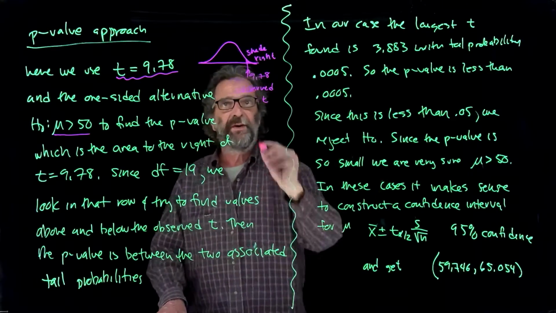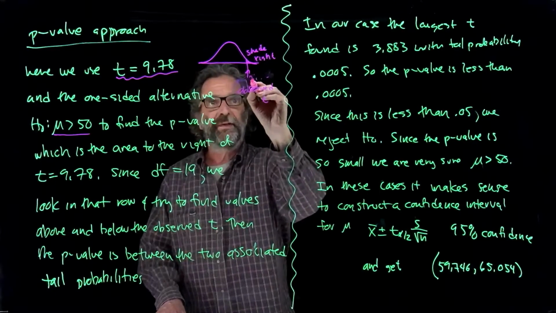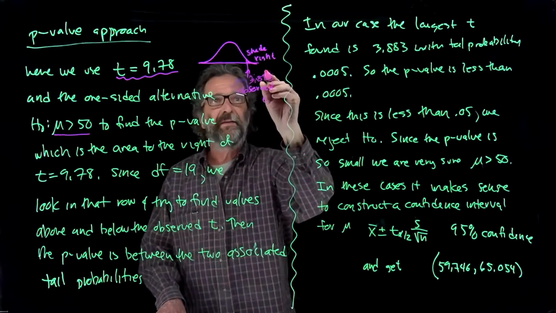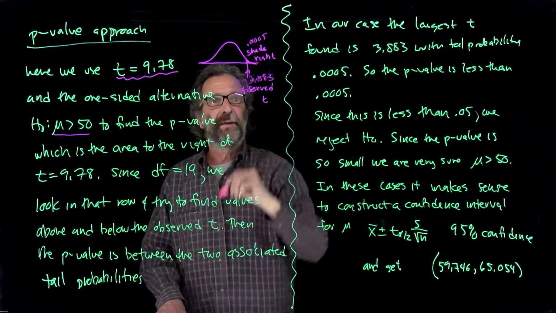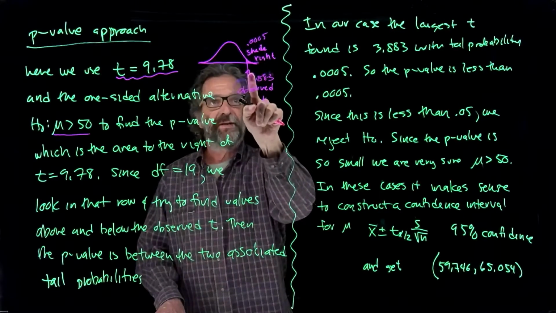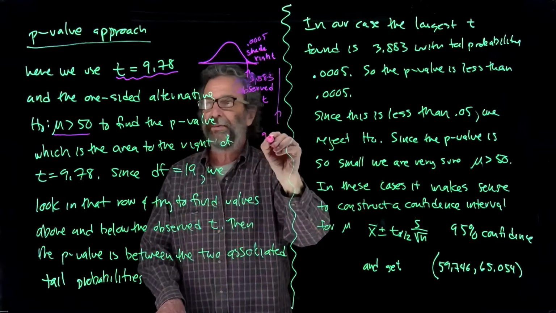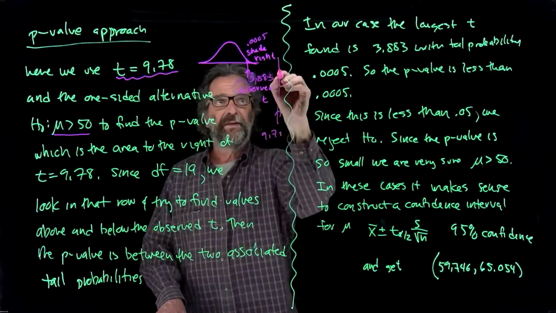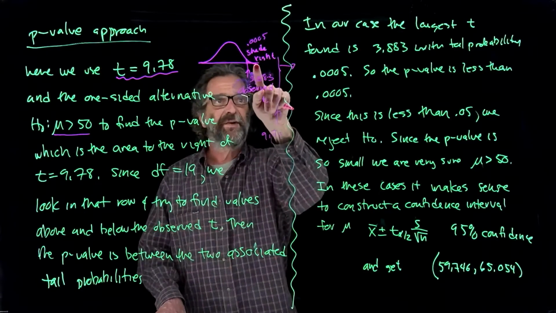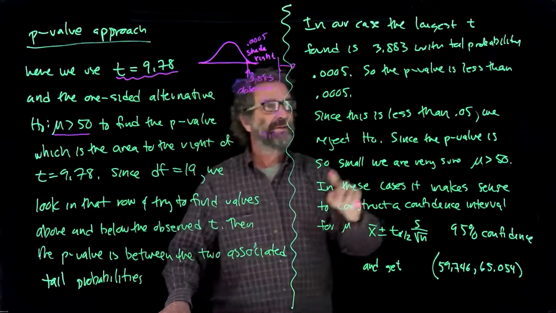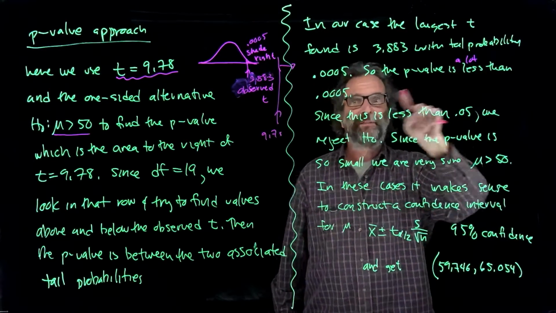So if we're out here at, pick a number, 3.883, then you shade right, you get 0.0005. But we're not at 3.883. We're out here at 9.78. And then we shade right there. It's going to be a lot less than the 0.0005 area to the right, a lot less. So the p-value is a lot less than 0.0005.